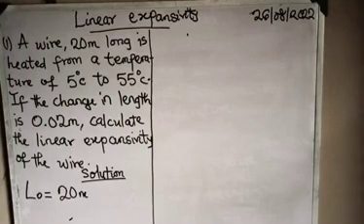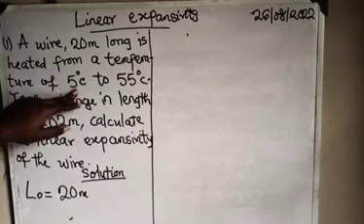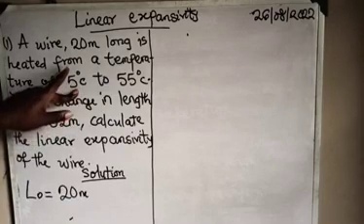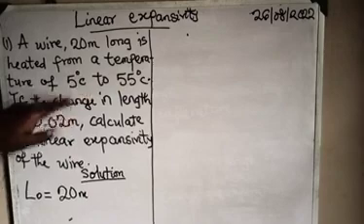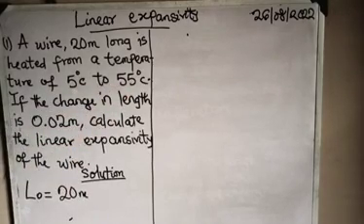Okay, it's heated from a temperature of 5 degrees Celsius to 55 degrees Celsius. That means this 5 here stands for what? The original temperature of that wire. And 55 stands for the final temperature of the wire.